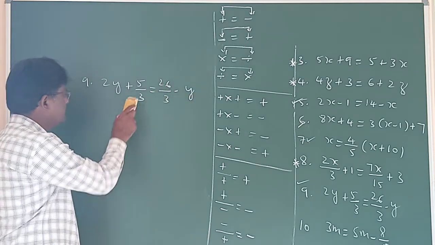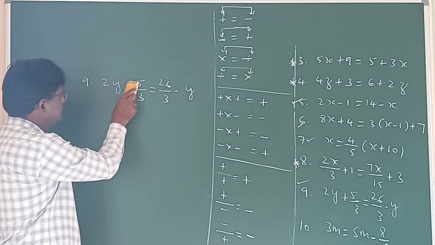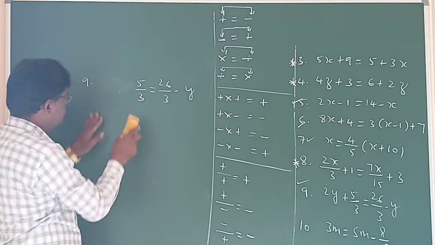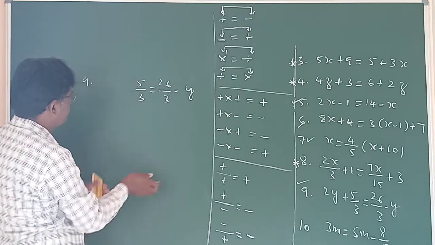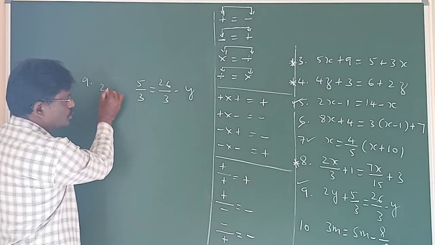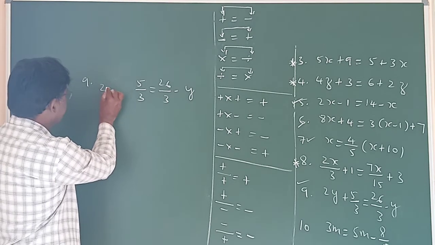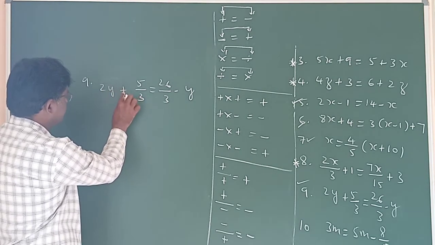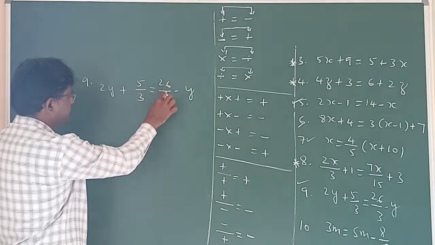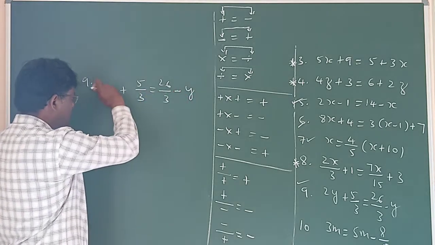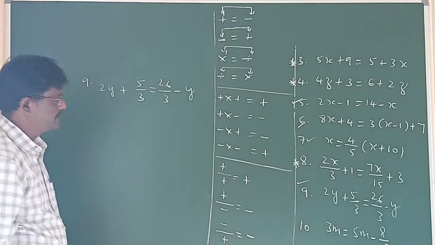See here, this plus and 2y should be in one line, children, like this. 2y plus, the division line, equals, division, minus, all should lie in one line.